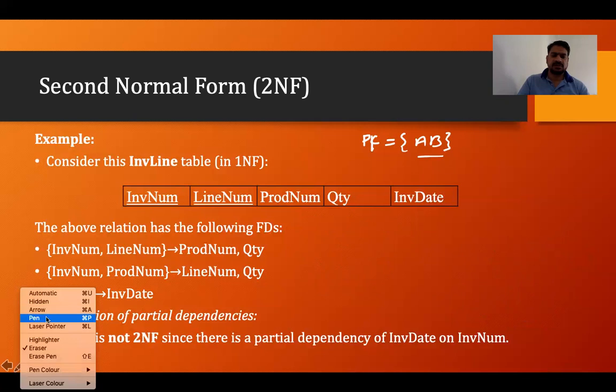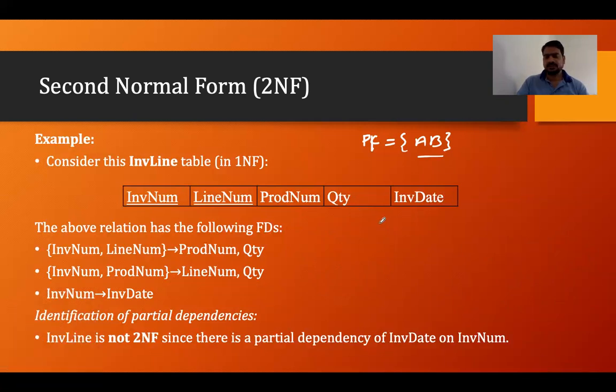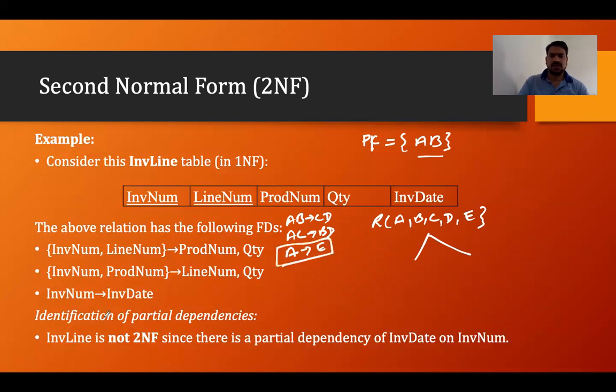So we have this relation, and we have functional dependencies AB determines CD, AC determines BD, and A determines E, in which we find out this is creating the problem. A determines E, the last one, is creating the problem for this relation to become second normal form.